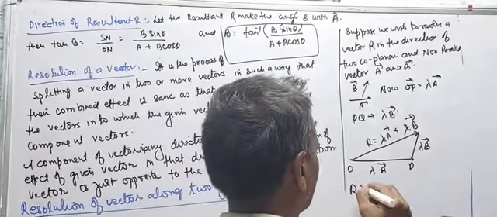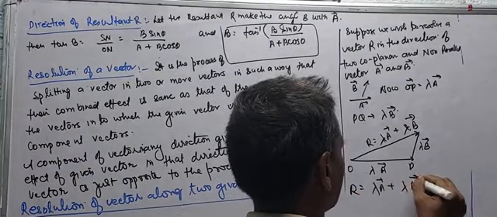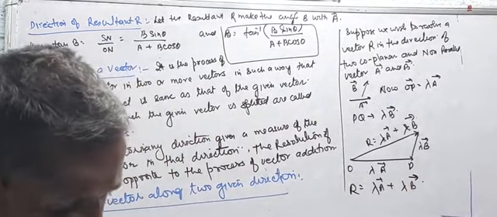R equal lambda times A vector plus lambda times B vector. Thus vector R has been resolved.